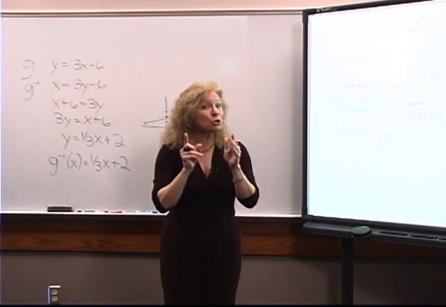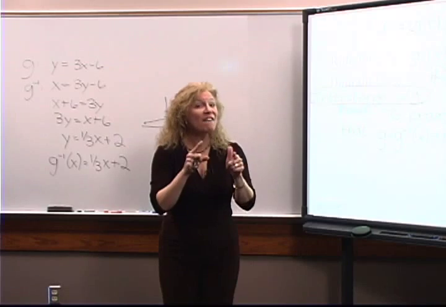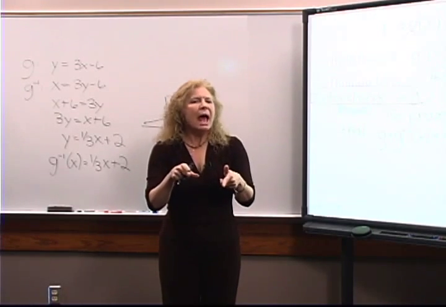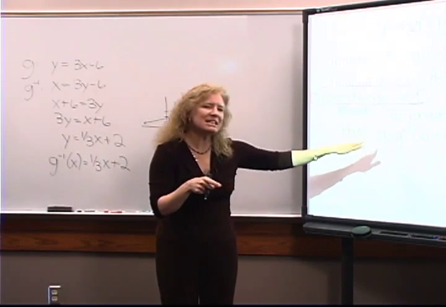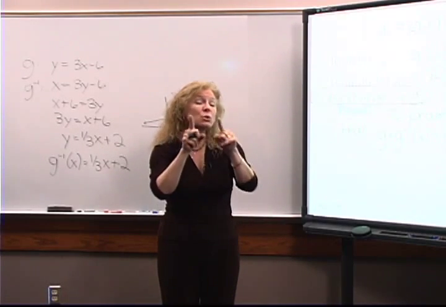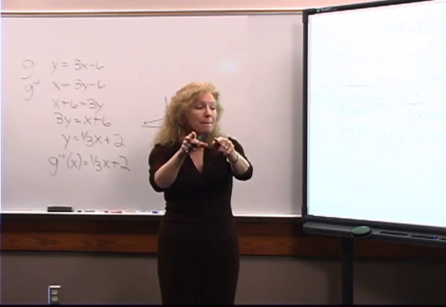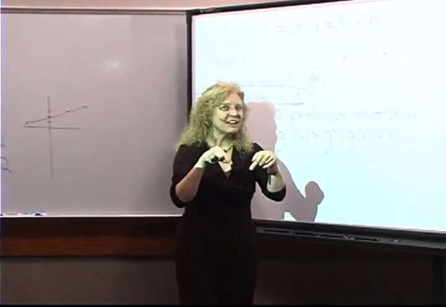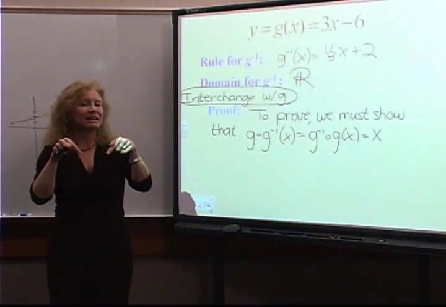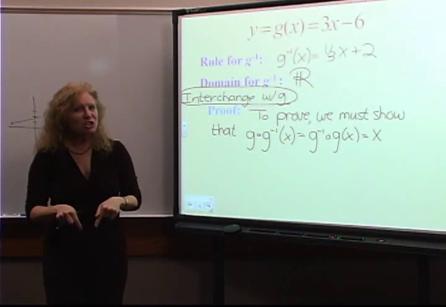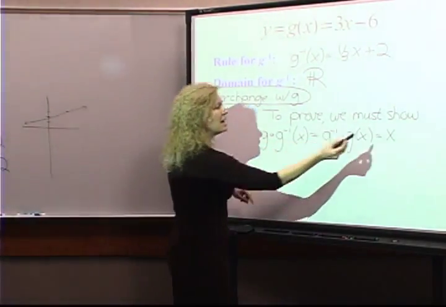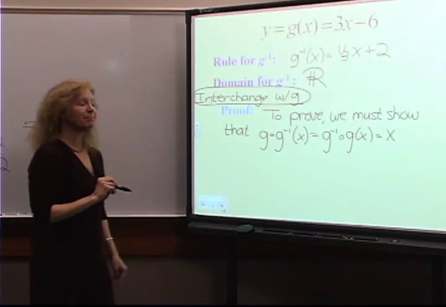If these things are truly inverses of each other, they must undo each other. And by the way, function composition is not commutative, so I have to also try it the other way. Maybe I have to go left and then go right. But I have to show that going both ways, wherever I started, I end up at the same place.